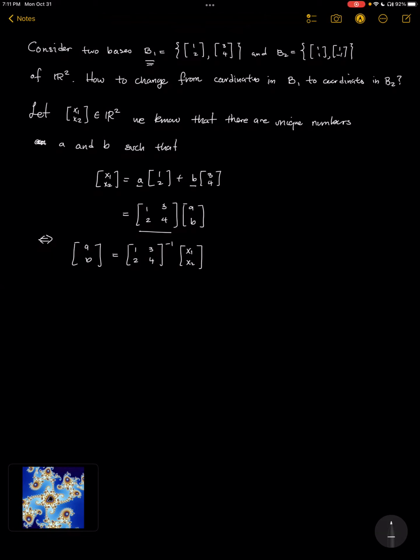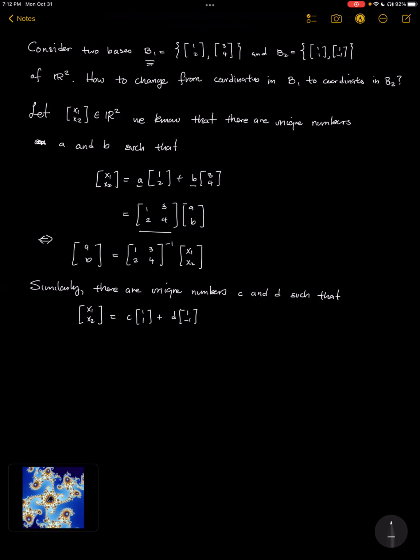But then I can just repeat the process with the second basis. Similarly, there are unique numbers C and D such that the vector (x1, x2) is equal to C times (1, 1) plus D times (1, -1).